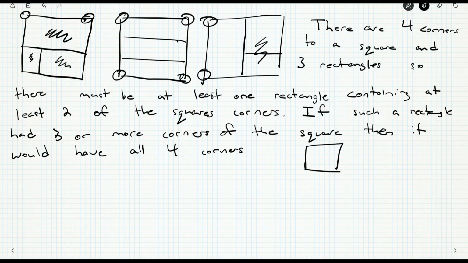Alright, I can't take this square here and have these 3 be part of a rectangle and not have this one down here. He comes by default, because then the square would just be one big rectangle and there wouldn't be any others.